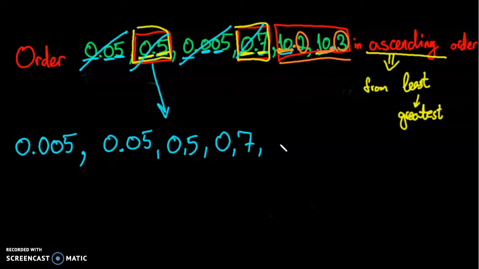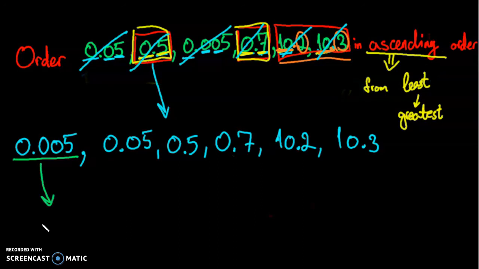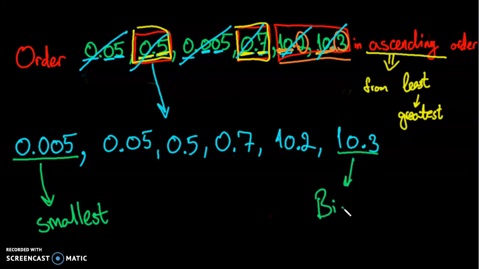Our next number is 10.2. And our last number is 10.3. So we ordered these numbers in ascending order, which means this number is the smallest number. This number is our biggest number.